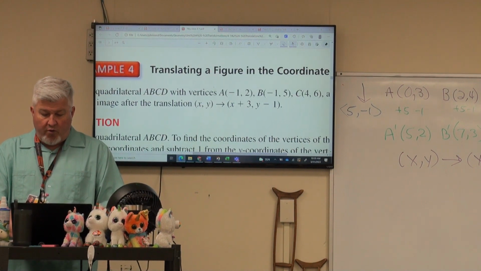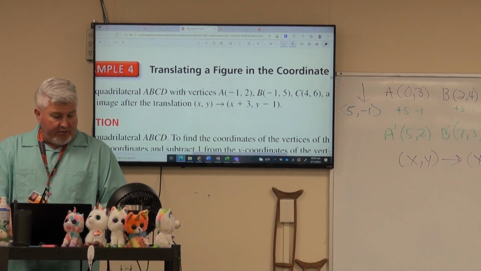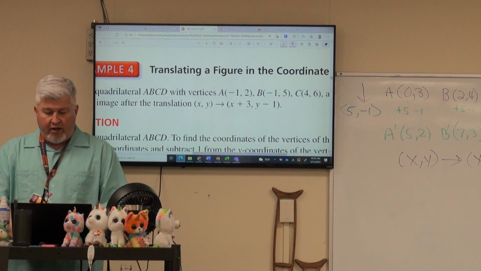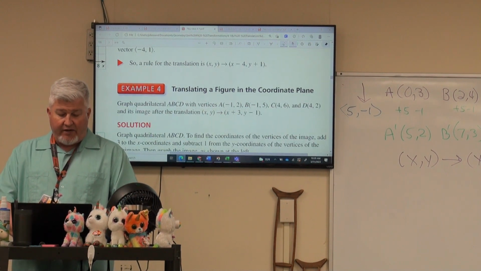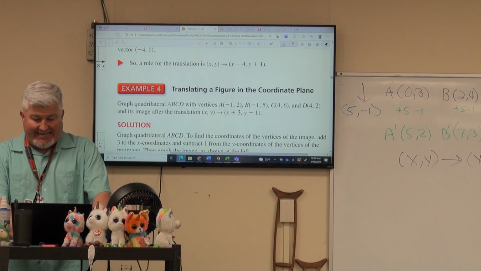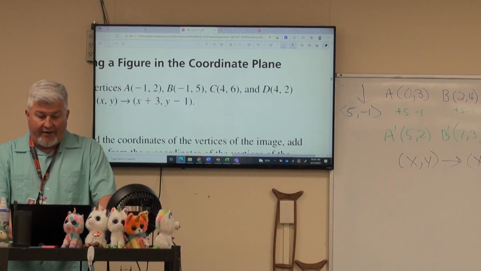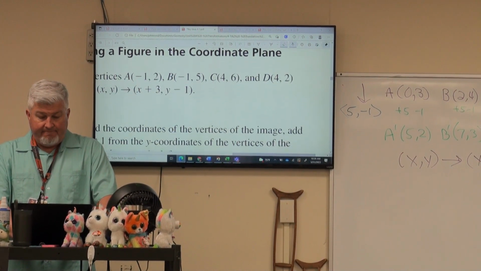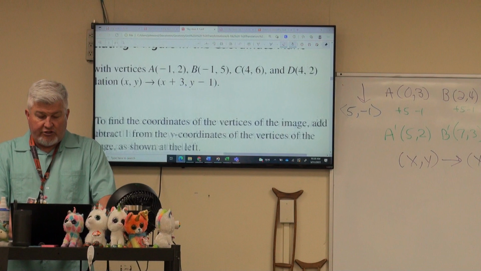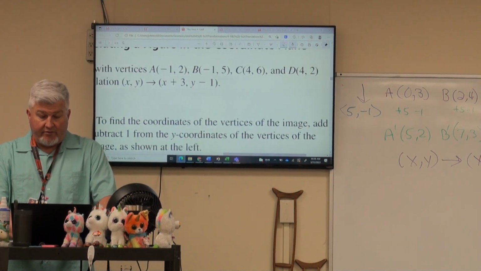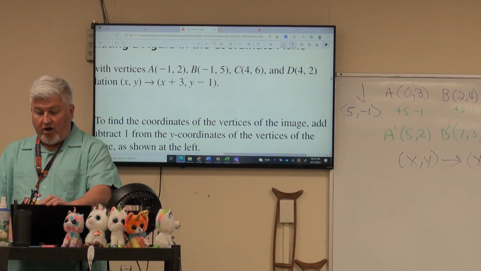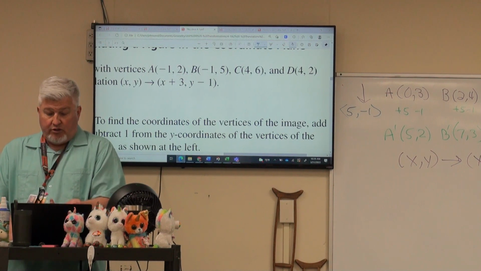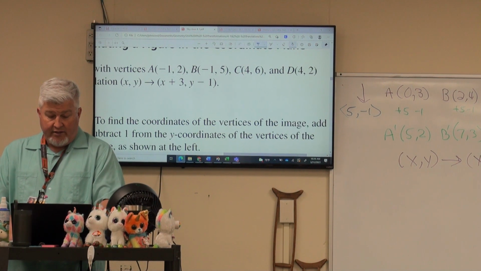Translating a figure in the coordinate plane. I'm not going to even really worry about drawing this. In this one, we're graphing a quadrilateral ABCD with these following coordinates. And then they want you to translate with that rule right there. So if I were just to quickly draw what my translated points would look like, with this being plus 3, minus 1, what would my A prime be?